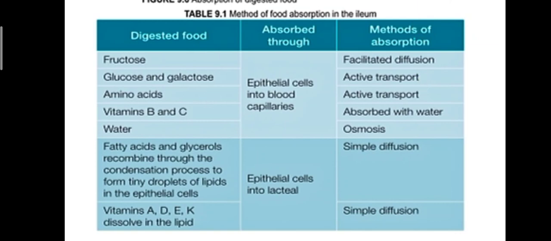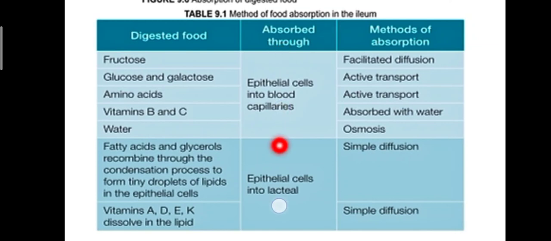Amino acids also go through the epithelial cell by active transport. Vitamin B and vitamin C go from the epithelial cell into the blood capillary, absorbed with water. And water is absorbed through the epithelial cell into the blood capillary.